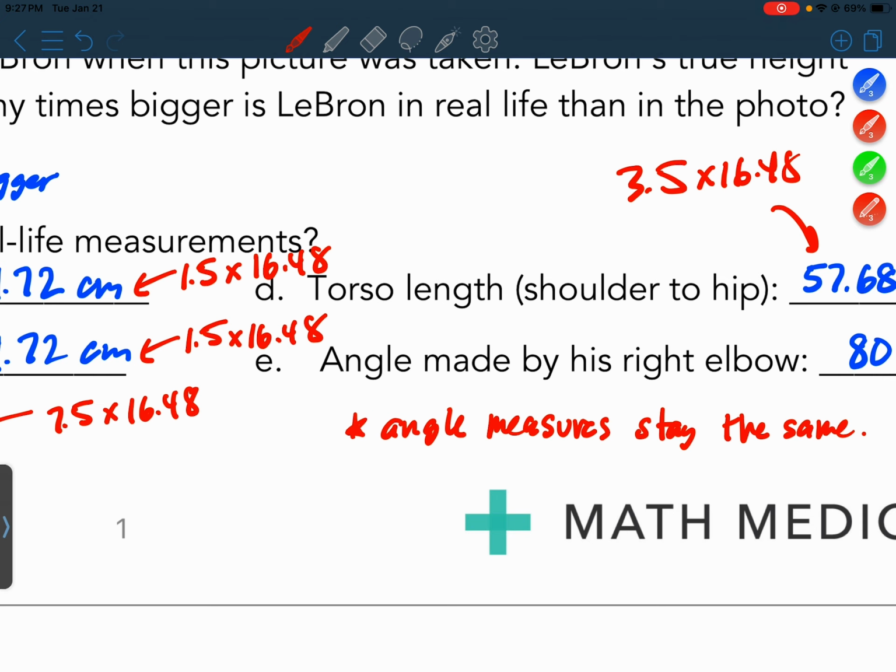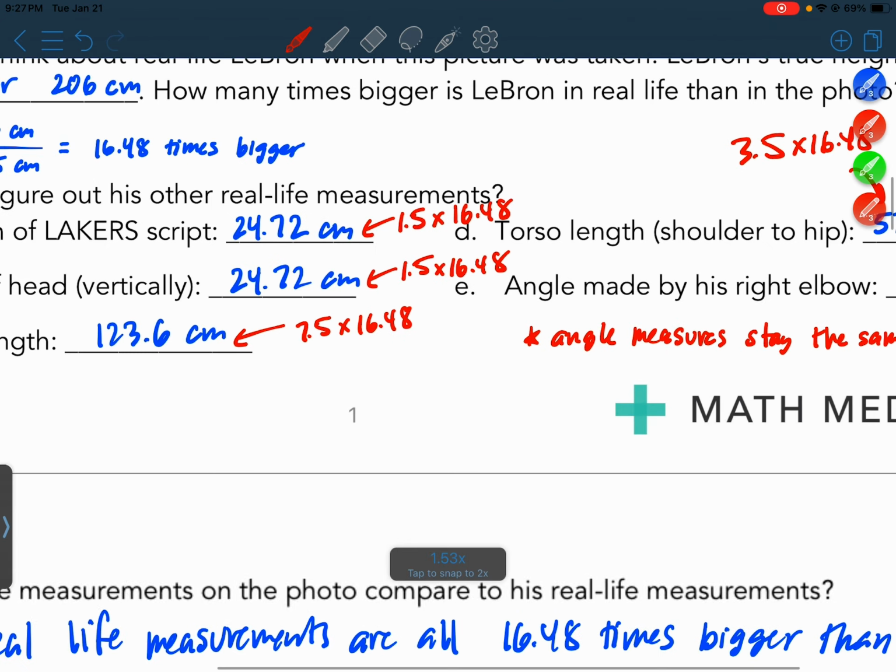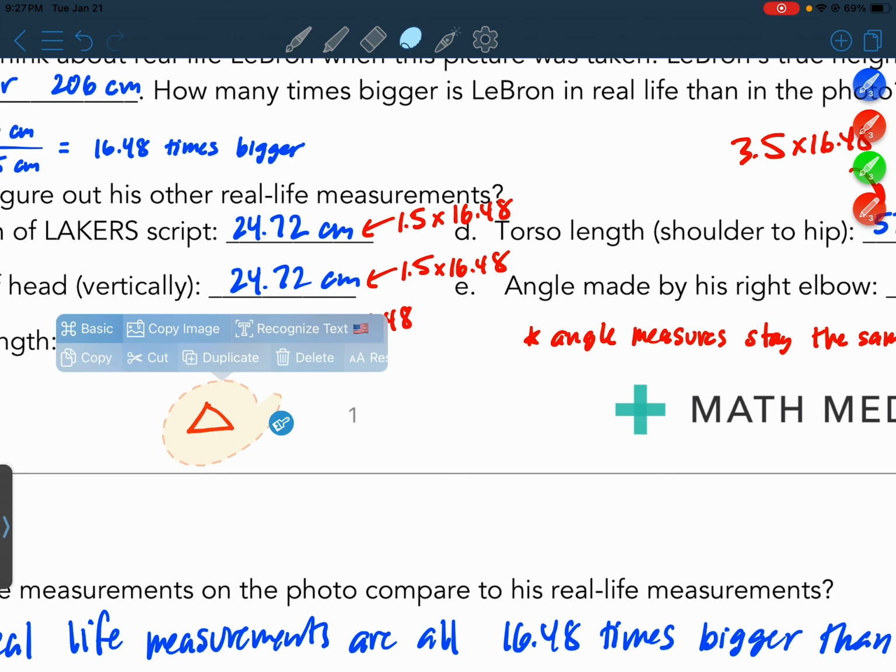Let me try to illustrate what I mean. If I had this triangle, which I know the angles add up to 180, and then let's say I scaled it up.